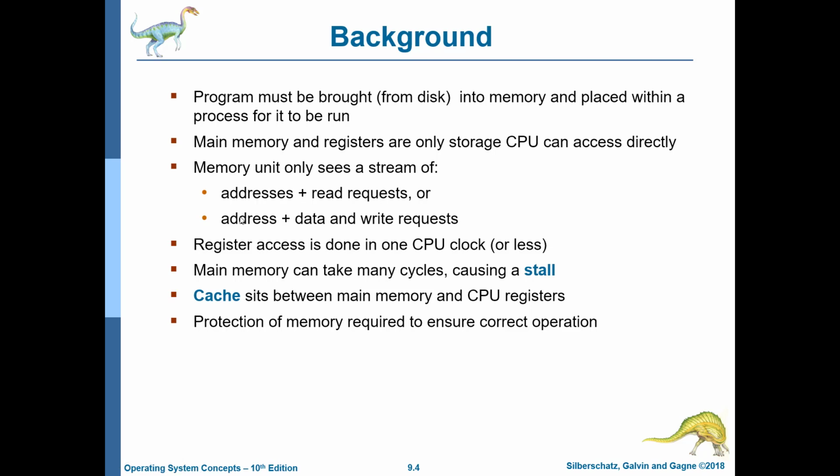So register accesses are fast. The main memory of course can take many cycles and the cache sits between the CPU and the main memory. So the caches are not visible to the operating system. Caches by definition are not visible to the operating system or anybody else. There are a few instructions to flush caches, but that is a special case. In general, as far as the CPU is concerned, the memory system is just an array of bytes.